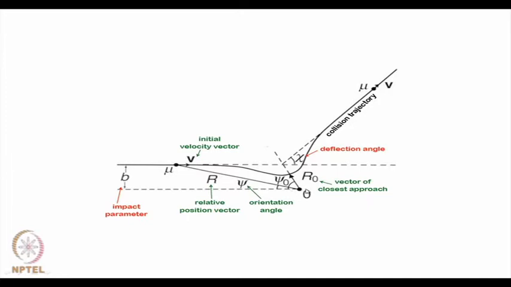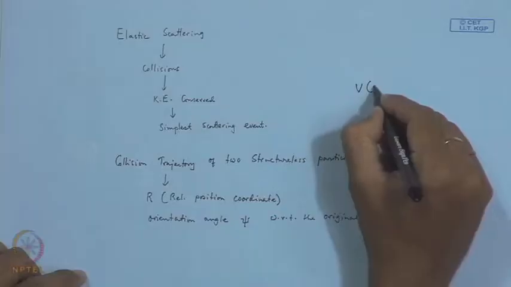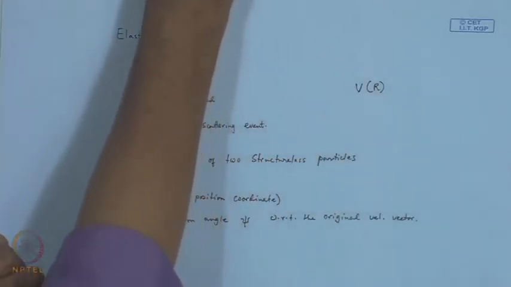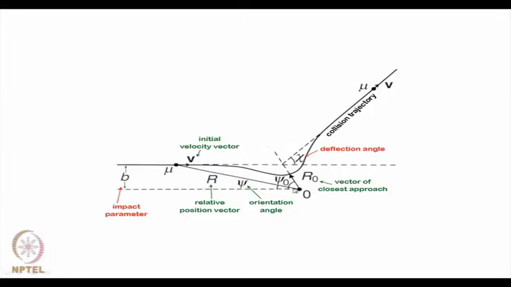This particle of mass mu experiences some force, as a result of which there is a change in path with respect to the dotted line.